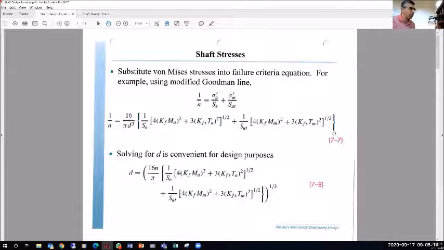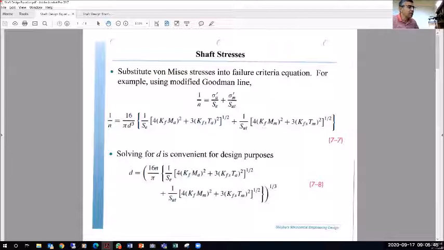To come up with this lengthy equation that looks a little bit overwhelming, all we did is apply what sigma prime A is here, the square root of sigma A squared plus 3 tau A squared. And here I applied sigma prime M, which is the square root of sigma M squared plus 3 tau M squared.